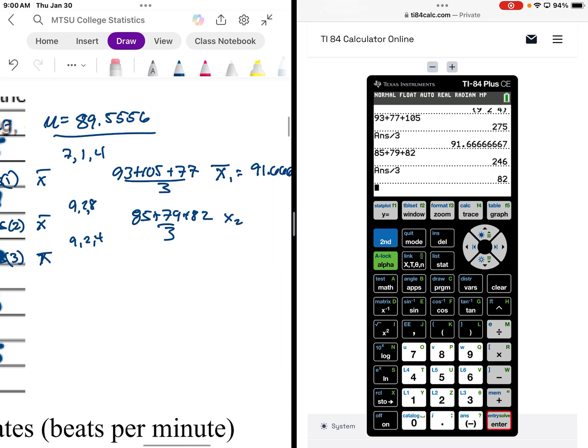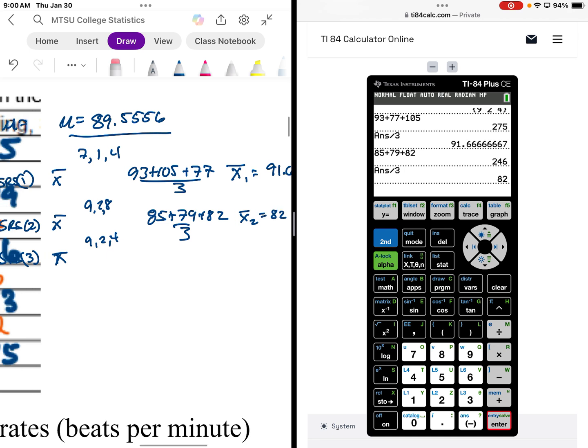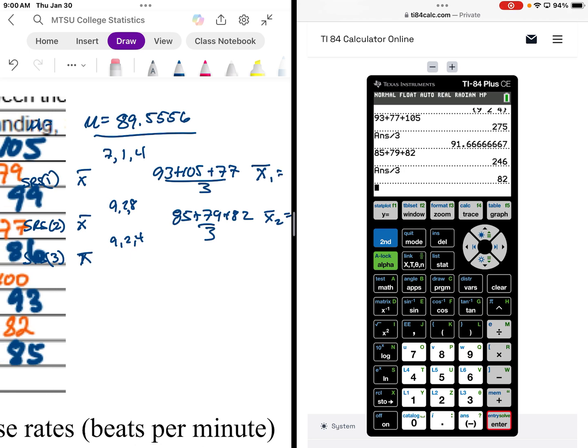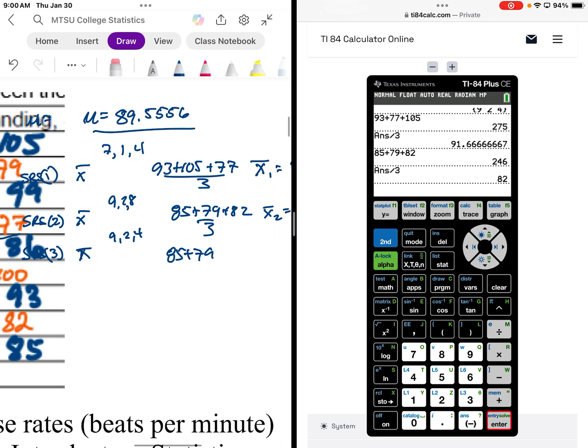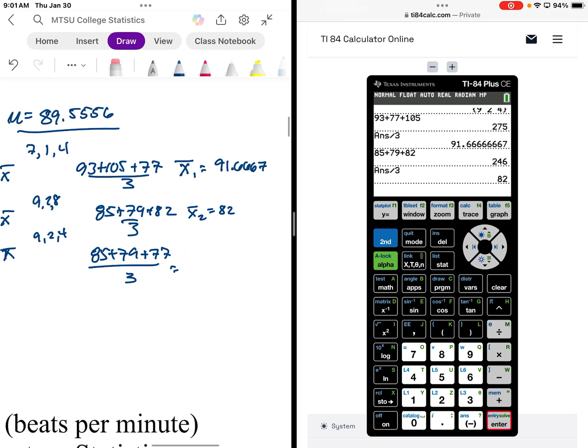X bar 2 is 82. And then my last one, again, it's 85 plus 79, and I've got to use number 4. We used that one already, that was 77, so plus 77. So 85 plus 79 plus 77, enter, divided by 3. Boom. That gives me 80.3333.